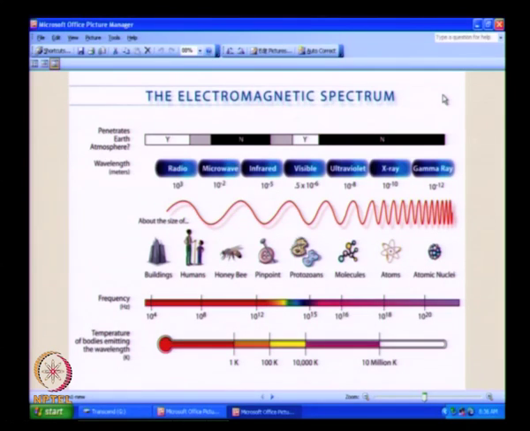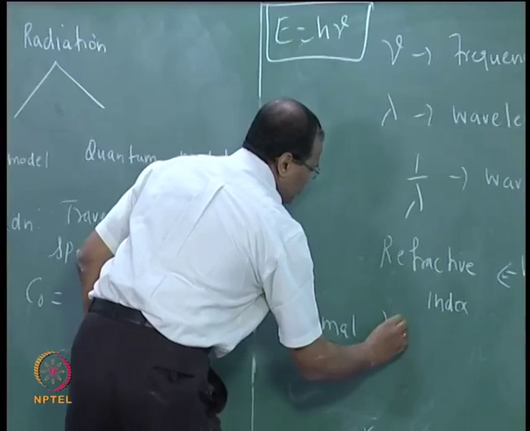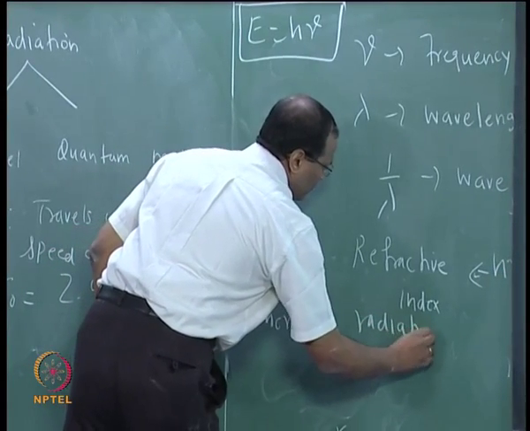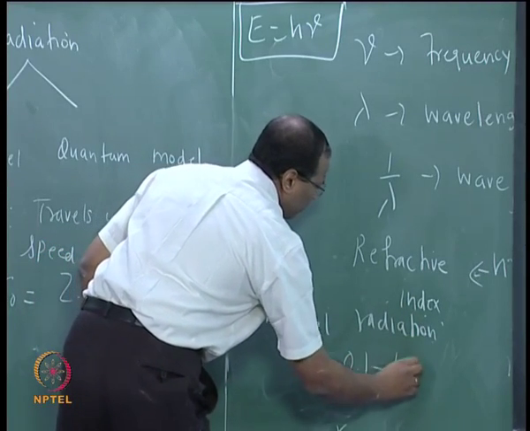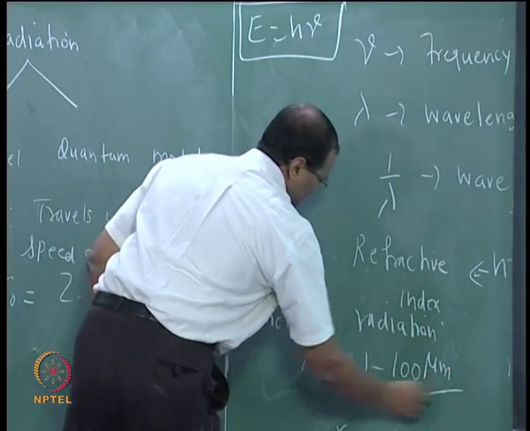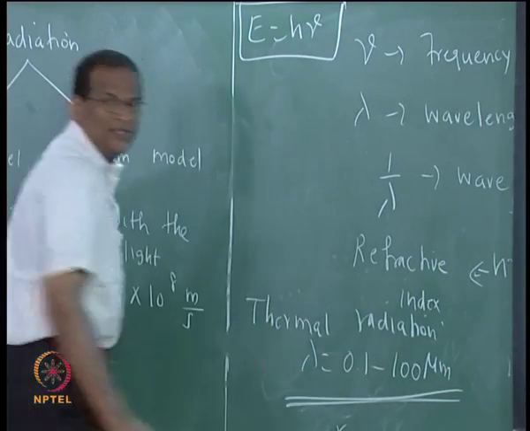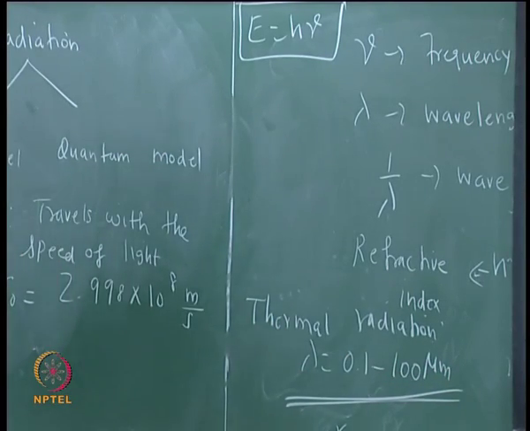Generally we will talk about a temperature of 500 Kelvin, 800 Kelvin, 1000 Kelvin, gas turbine 1500 Kelvin and so on. So thermal radiation, lambda is 0.1 to 100 micrometer. This is of interest to the thermal engineer.